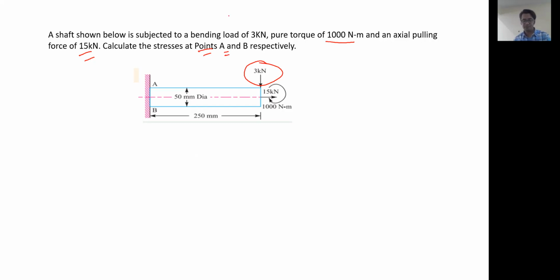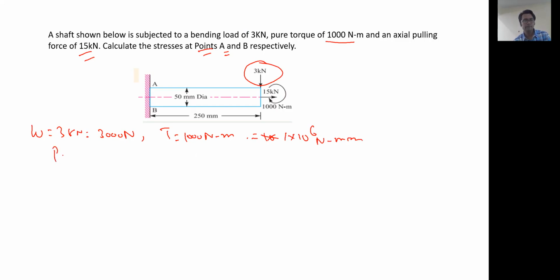In the case that we have been given here, W is equal to 3 kilonewton, so it will be 3000 newton. And T is given as 1000 newton meter, that is 1 into 10 to the power 6 newton mm.